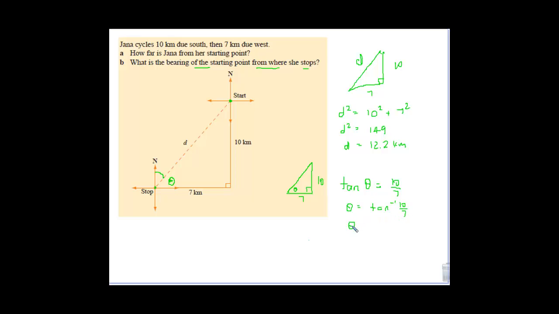So I throw it in the calculator, and I'm going to get 55 degrees from that one.